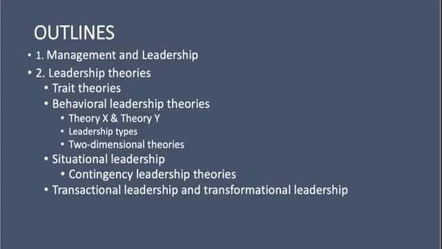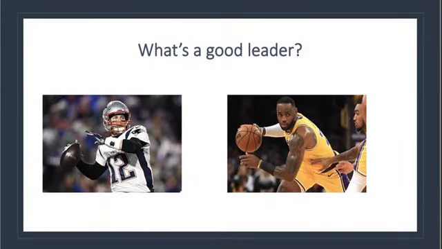Okay, so what is a good leader? When you apply for a job, a lot of students like to include skills in your resume. A lot of students mention that you have very good communication skills, writing skills. Sometimes students will include leadership skill in your resume.